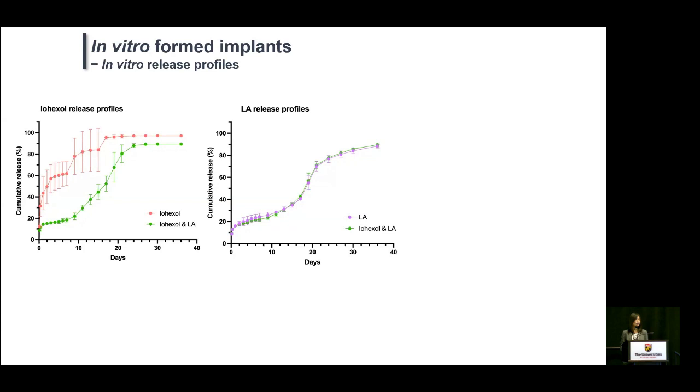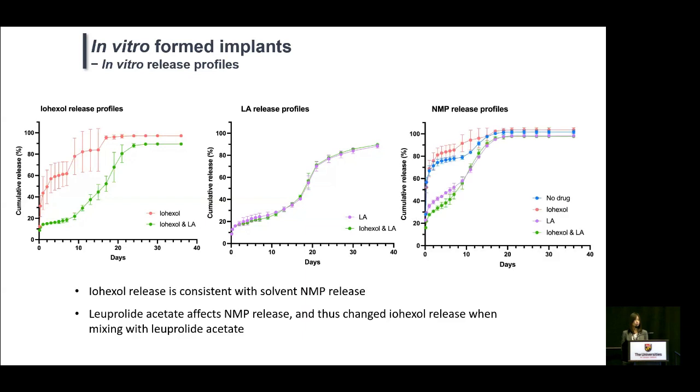So then what happened is, if you look at the NMP release curve, for no drug and iHexol only, blue and red, you can see it is very consistent with iHexol release. Mainly this iHexol is very hydrophilic, and it goes hand in hand with the NMP.